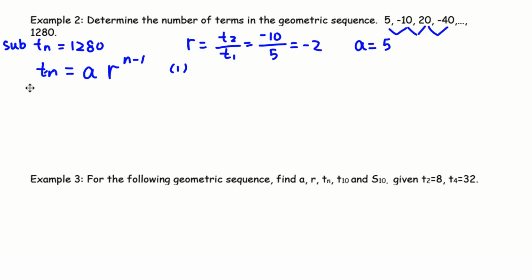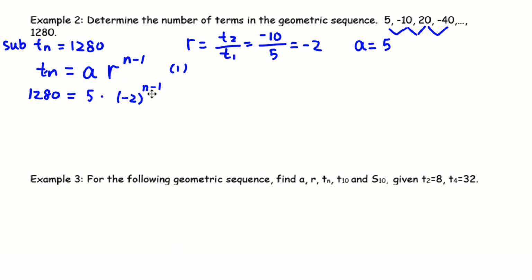So t sub n is 1280, and the a value, the first term, is 5, then times r, which is negative 2, to the exponent n minus 1. And here be careful, you are not able to multiply 5 with negative 2. So negative 2 to the exponent n minus 1 is one term.